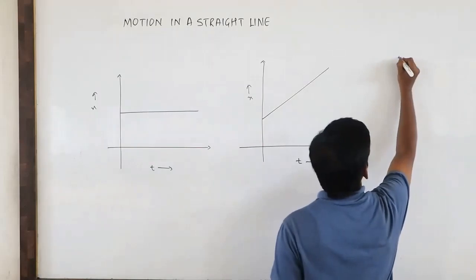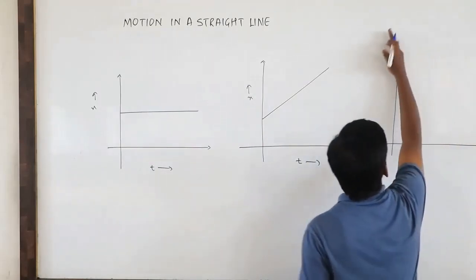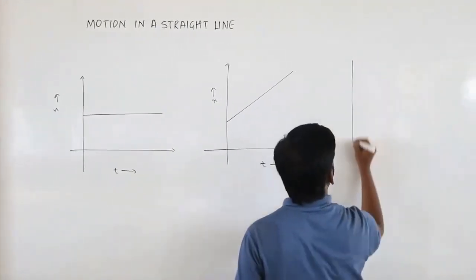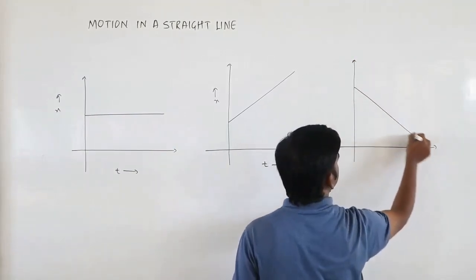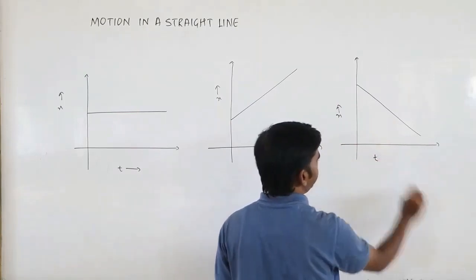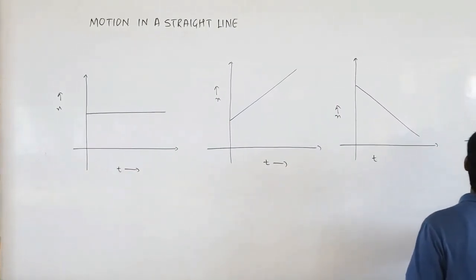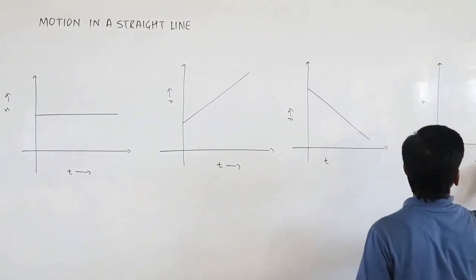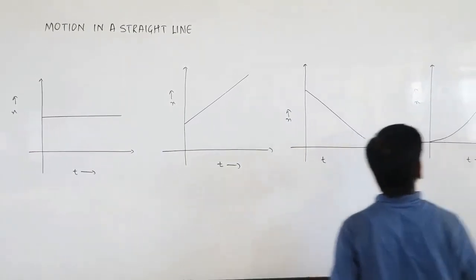The third graph I will draw like this. Same xt. The fourth graph I am drawing like this. This is xt. So the graph is going like this.